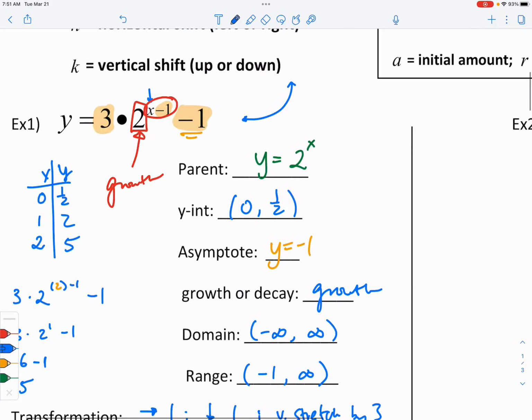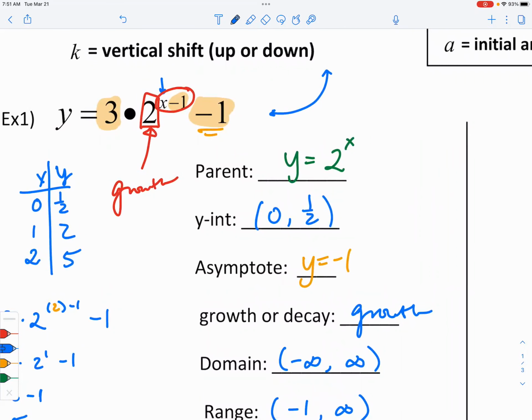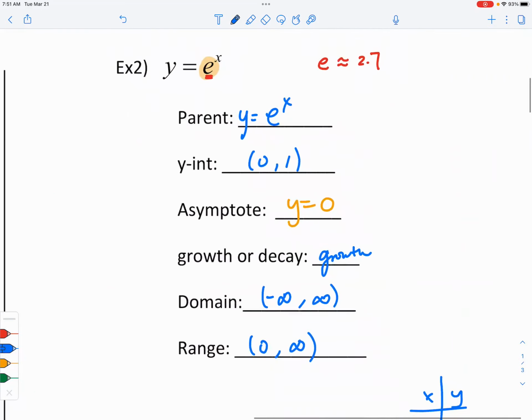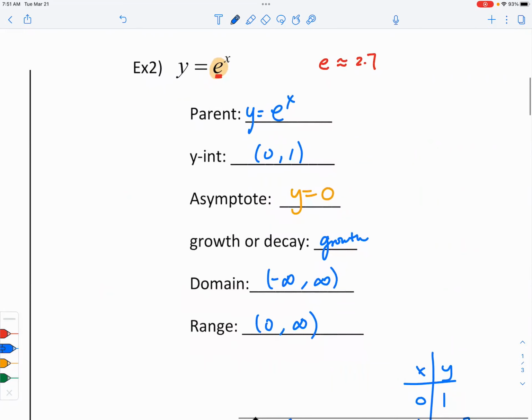The parent function for number 1 is t to the x. Everything else that I highlighted orange, those are the transformations. The original parent linear function would be y equals x. The original parent quadratic function would be y equals x squared, and so forth.